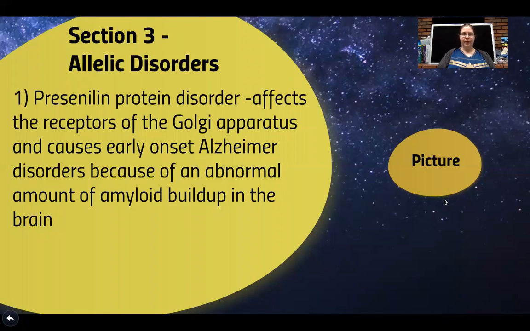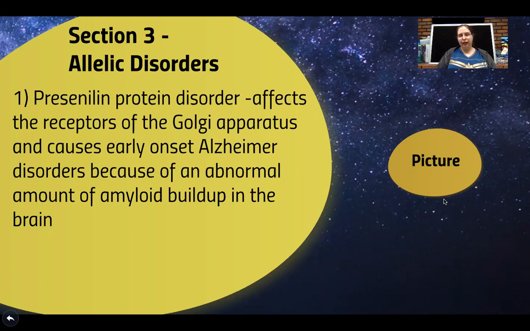And what they notice about this particular one, if you have the presenilin protein disorder, one of the common things that it causes is early onset Alzheimer's. So Alzheimer's is a form of dementia, and more often than not, it happens later in life, but this can have it starting earlier, in like the 30s or 40s as opposed to the 60s or 70s or 80s.